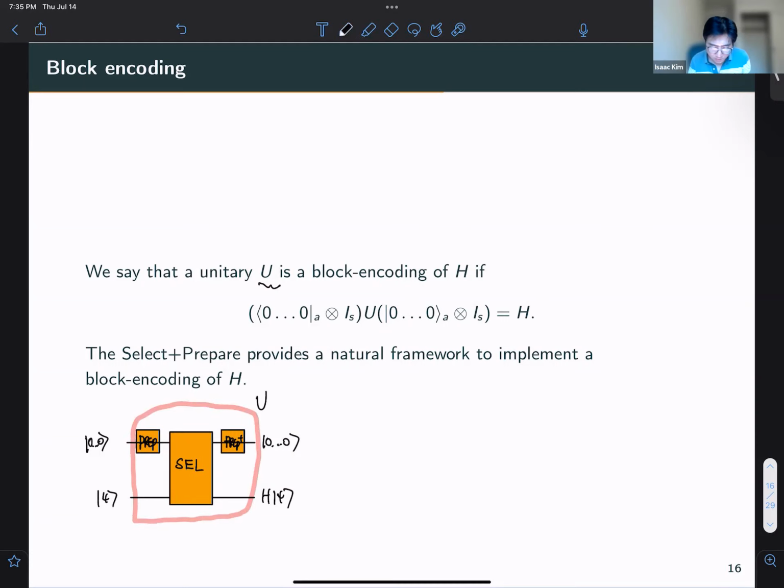It's called U. And when we take the bra of 0 and ket of 0 on both sides, no matter what the input is, we end up applying H to that input.